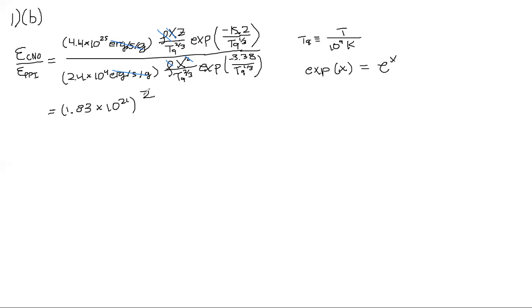We're just left over with one factor of metallicity mass fraction, one factor of hydrogen mass fraction. So remember, when we divide one number in exponential notation by the other, and if they have the same base, that means we subtract the exponents. So we're subtracting a negative number, so it's the same thing as adding that number. It's 3.38. T9 to the 1/3 power.